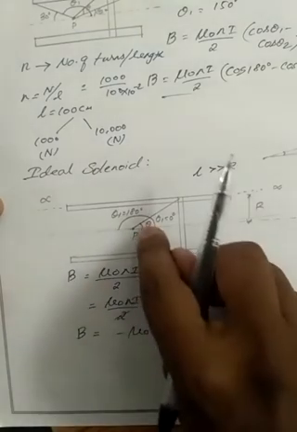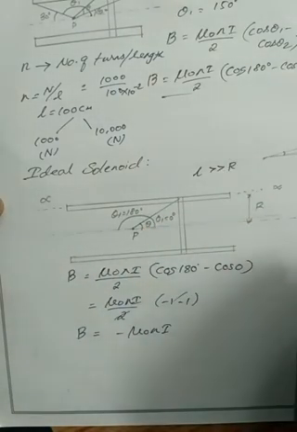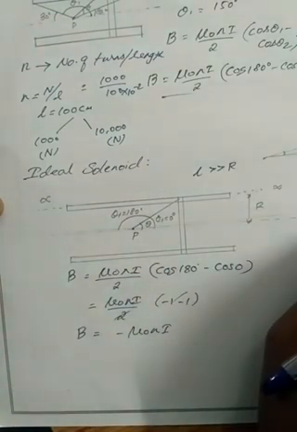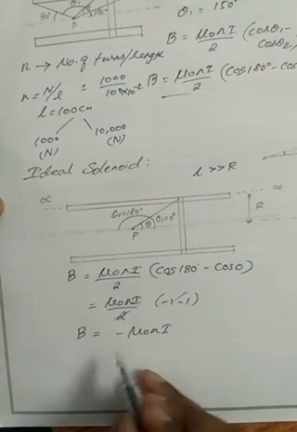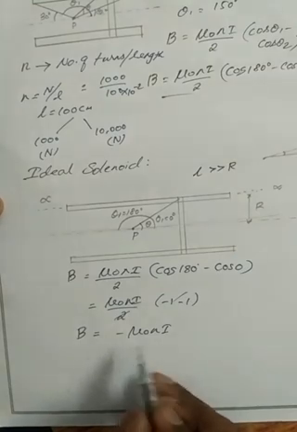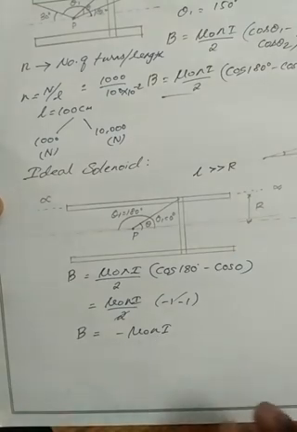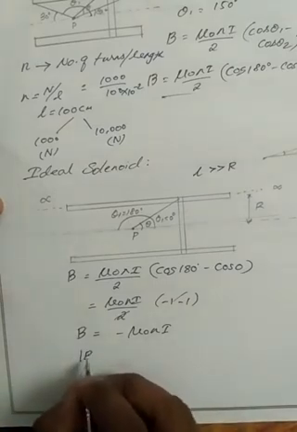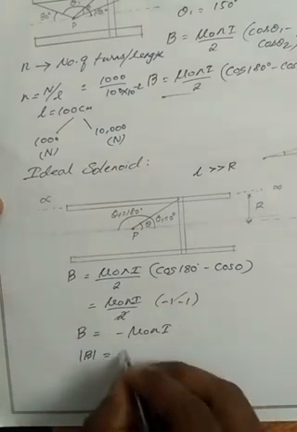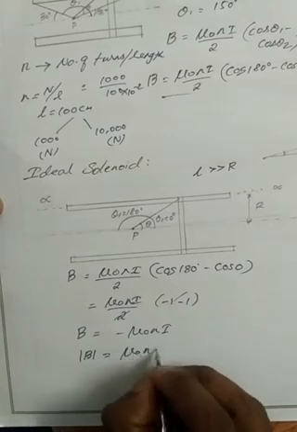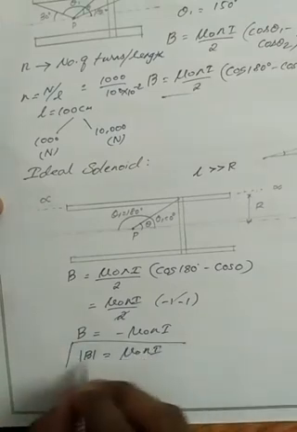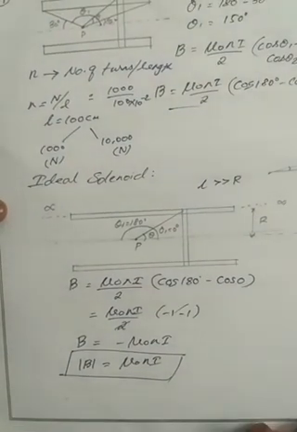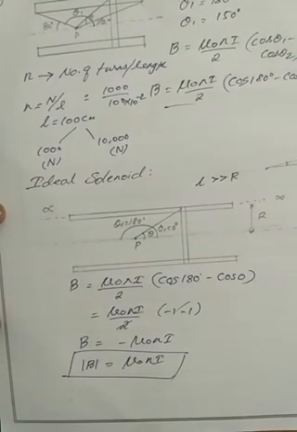If we take theta 1 as 180 degrees, then my value will be different, right? Here the minus is only for direction, because the mu naught Ni value won't be negative. So I can write the magnitude: the magnitude of the magnetic field will be equal to mu naught Ni. This is the equation we are going to substitute to find the magnetic field of a solenoid.